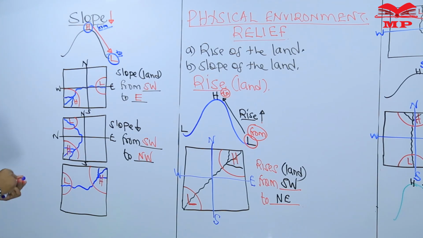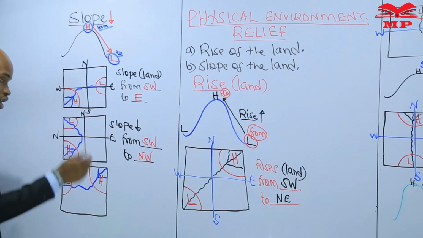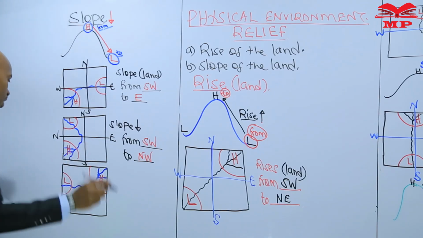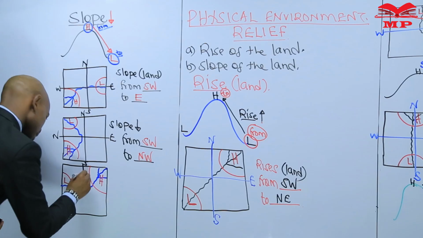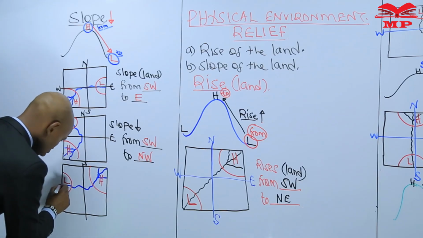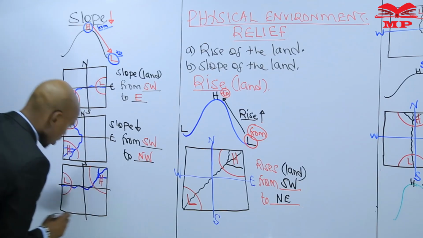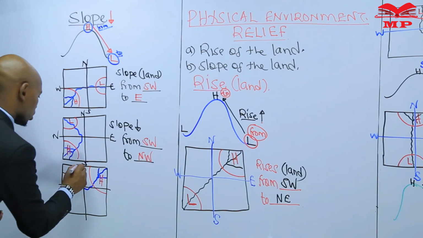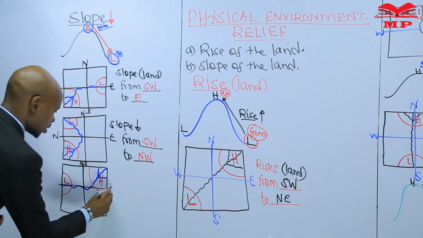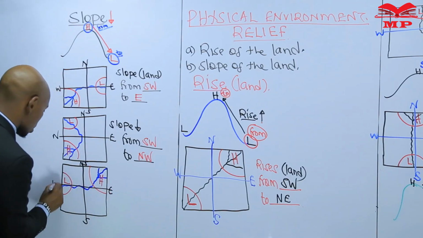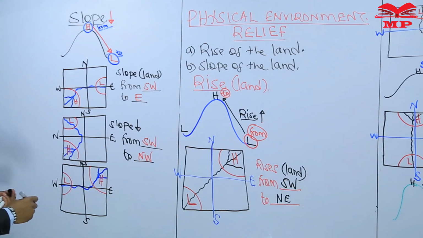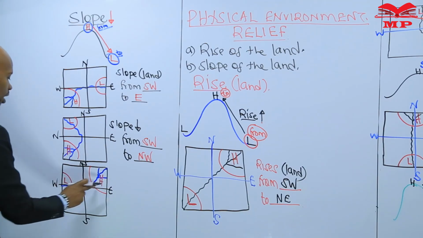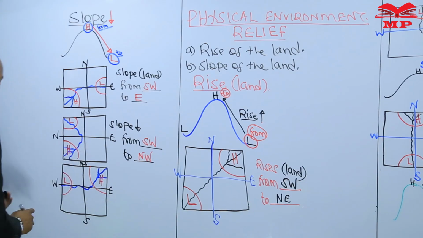Now, step two, as always, get your compass using a ruler and a pencil, so that you have neat and accurate readings. Never eat sukuma wiki. We have the markings of highlands and the lowlands. We have the compass.